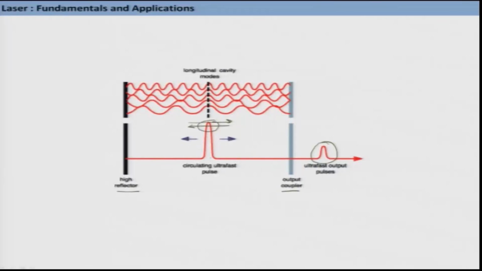I have somehow created a phase relation between all the possible modes in the cavity, which fall under the emission spectral bandwidth of the active medium, and then I have chosen the cavity in such a way that the result of this constructive interference, which is given by this peak here, will be the only one pulse within the cavity making round trips, okay.